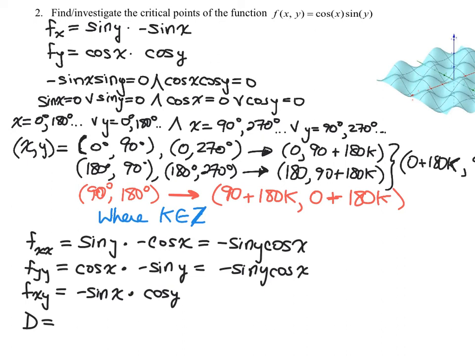So the first part of the discriminant is just multiplying my two partials, f sub xx and f sub yy. So sine squared y cosine squared x, minus, now I want the mixed second order partial squared. So minus sine squared x cosine squared y, right?